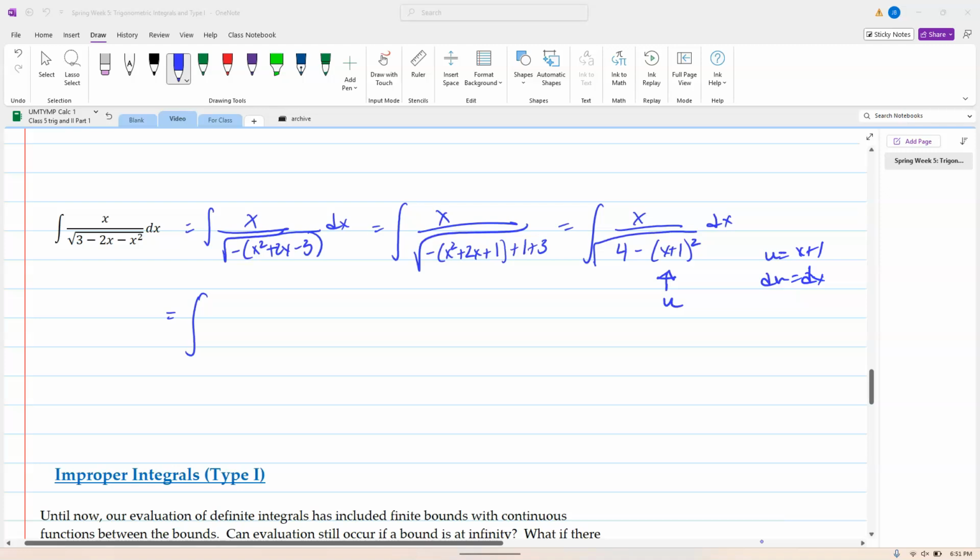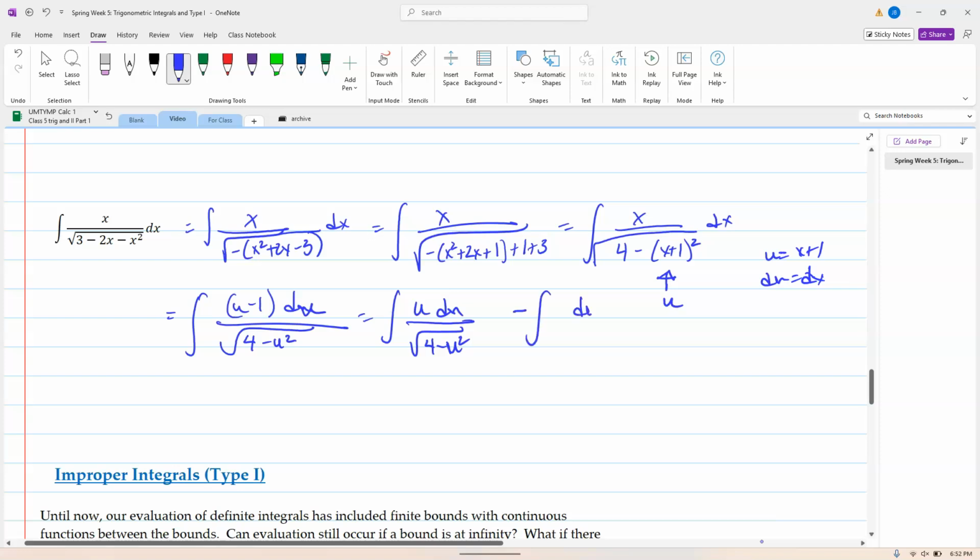Integral, let's see, x would be just u minus 1 du over square root of 4 minus u squared. Oh, okay, then that's actually easier. Well, actually, I need to break it up even more. I need to break it into u du over square root of 4 minus u squared, and then the other one would be negative integral du over square root of 4 minus u squared.